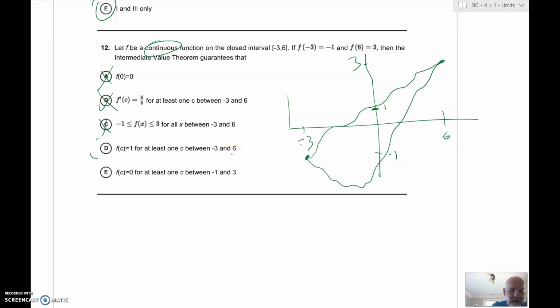Yes, that's true. The second one is wrong because the x's don't go from negative 1 to 3, they go from negative 3 to 6. So the y value is 1 for at least one x value between negative 3 and 6. That's it.